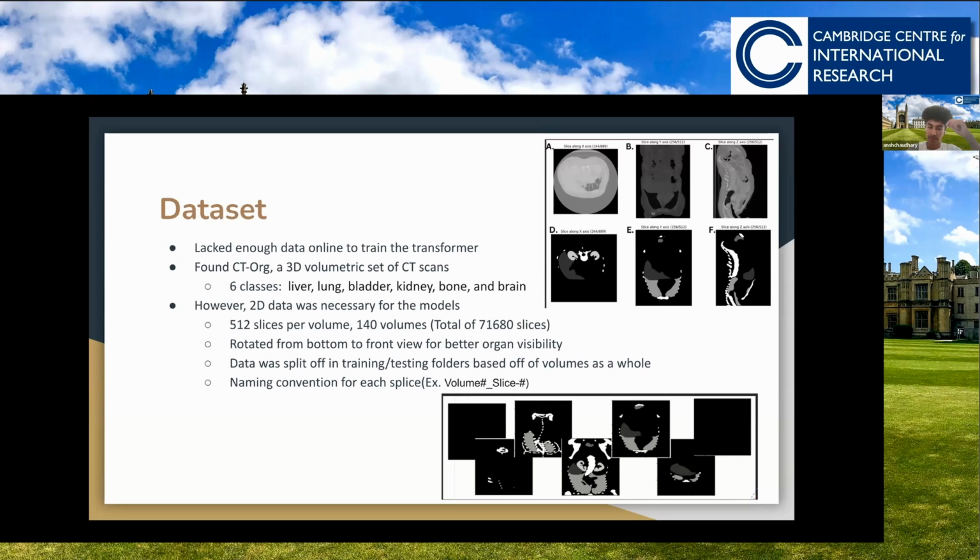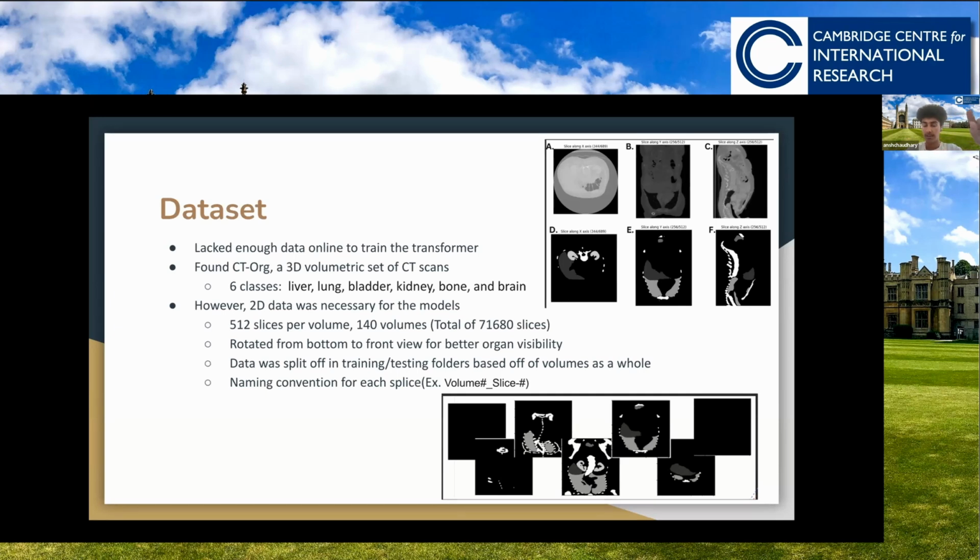To convert these 3D volumetric scans into 2D, which is what we were looking for, we condensed the original scans from 512 by 512 with varying depths ranging from 74 to 987, all the way down to slices of 285 by 277.